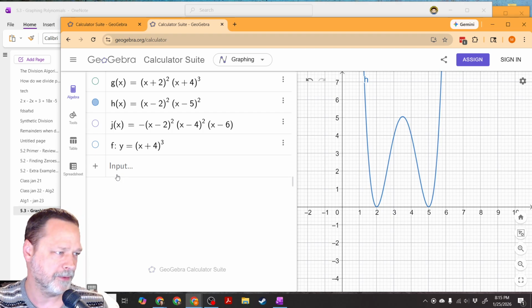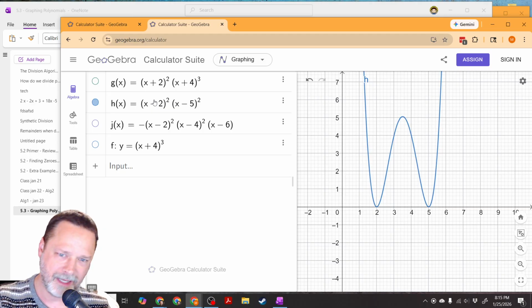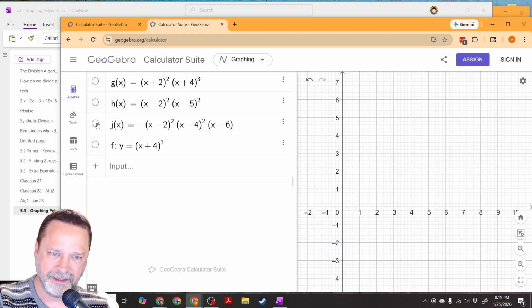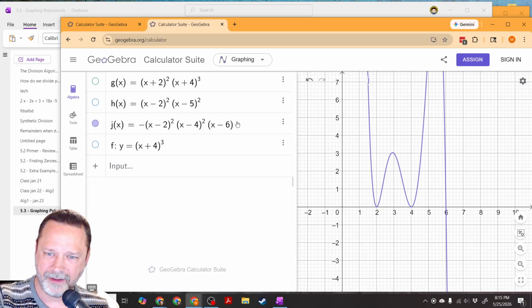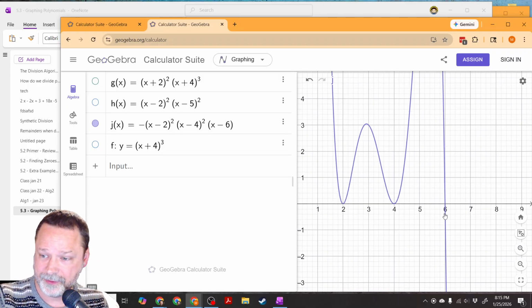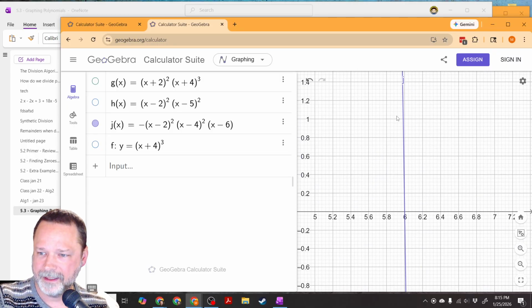Or you can just remember the rule: if the multiplicity is even, it's just going to touch it, not going to go through. Here we have two evens and an odd. So it touches at 2 and 4, but at 6 goes through it. And it's a linear one, and if you zoomed in right here, it looks pretty straight, like a line, because that factor is linear.